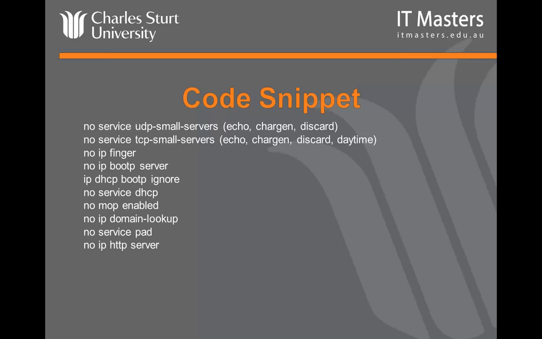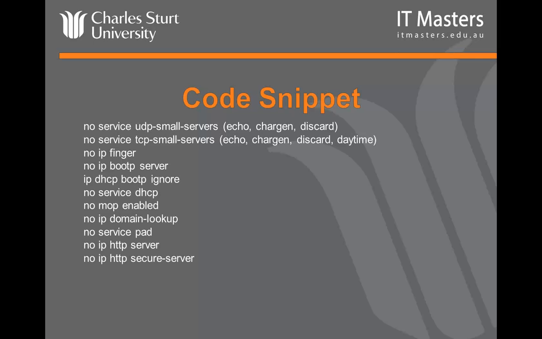HTTPS, the secure server, sorry, is fine in terms of at least encrypting the information, but it still provides an opportunity for someone to use a browser to connect to your router, brute force it, and then they've got access to it in a nice, simple point-and-click interface. No IP HTTP secure server.